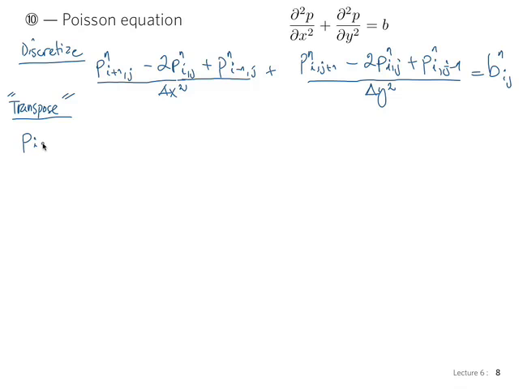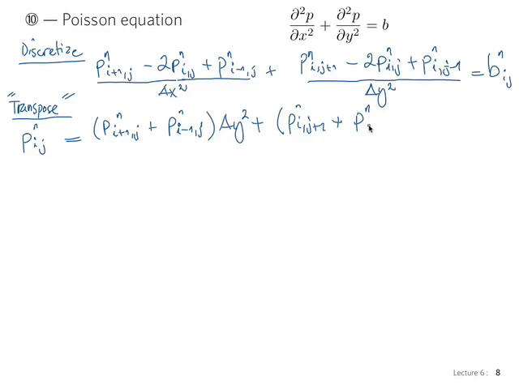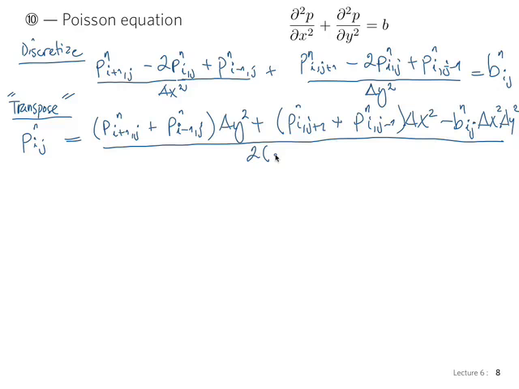So P i j equals: we have P i plus 1, j plus P i minus 1, j times delta y squared, plus P i, j plus 1 and P i, j minus 1 times delta x squared, minus b i j delta x squared delta y squared, and everything divided by 2 times delta x squared plus delta y squared. Here we are.